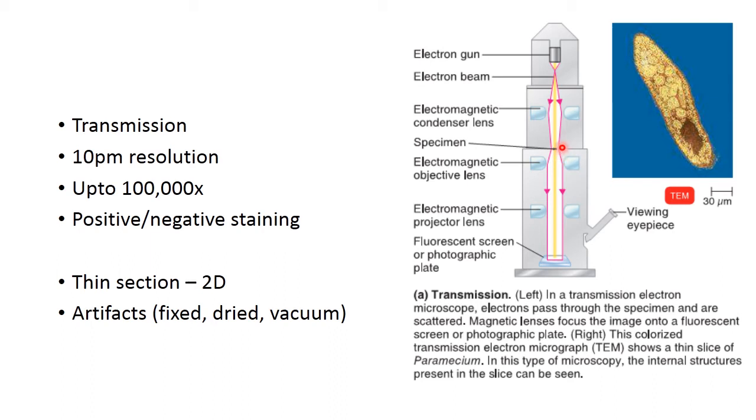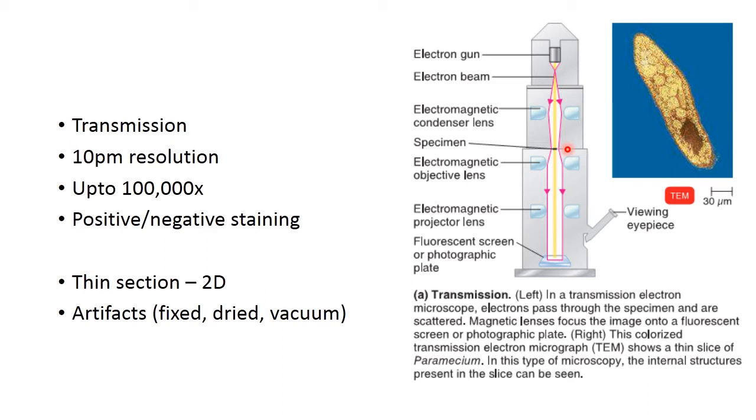Here, in order to improve the contrast, we add stains, and the stains are electron dense substances which form a coating onto the specimen so that the specimen becomes stained with the electron dense material and the background is not stained. This is called positive staining, where the specimen is stained but the background is unstained.